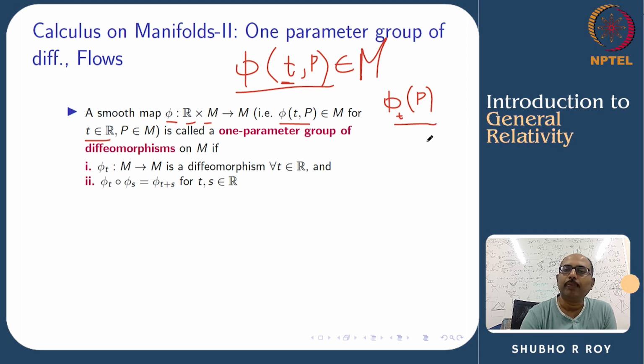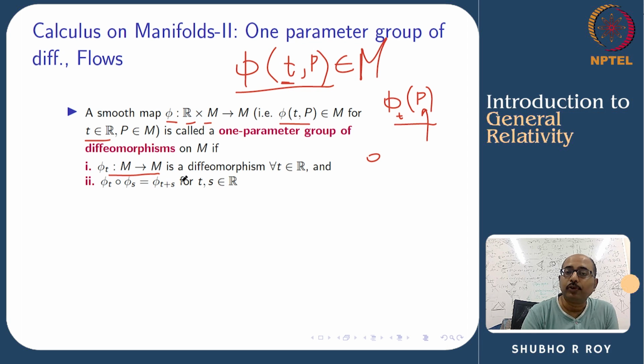So this will map points on M to M. If phi t is a map from M to M and it is a diffeomorphism, that is, not only is it a smooth map, but the inverse exists, and the inverse map is also smooth.